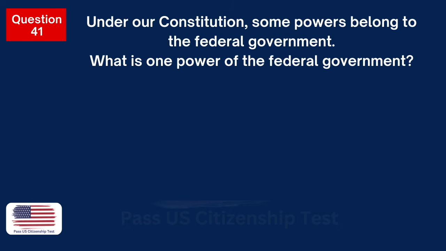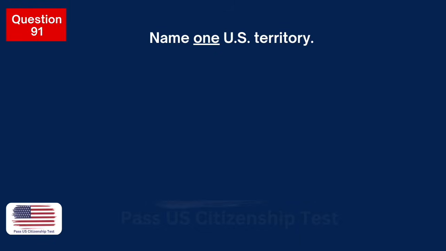What is one power of the federal government? To print money. Name one U.S. territory. Guam.